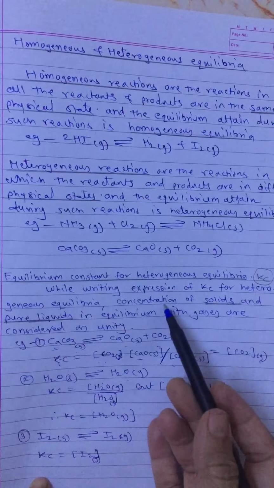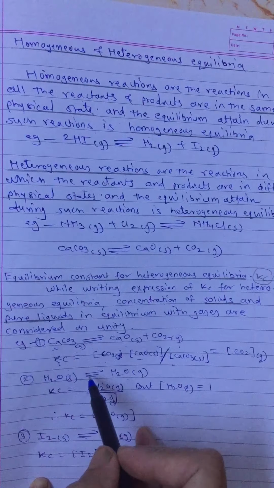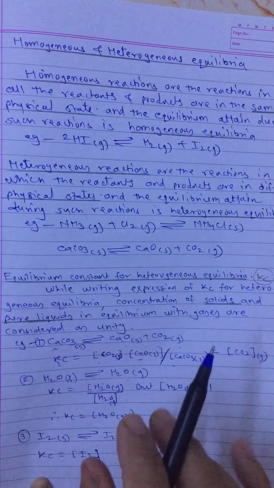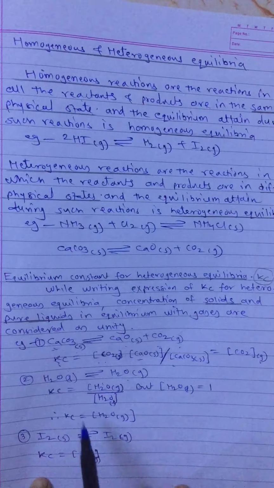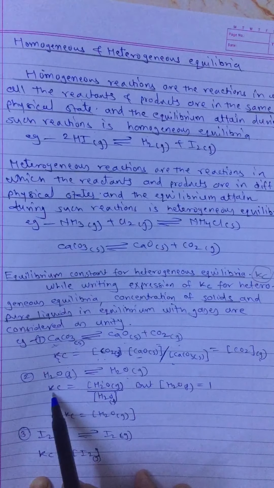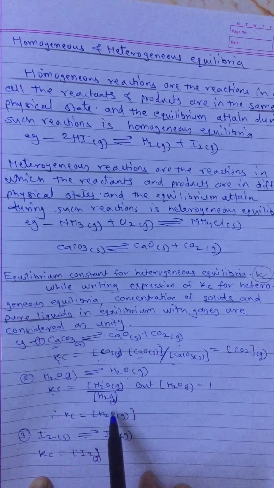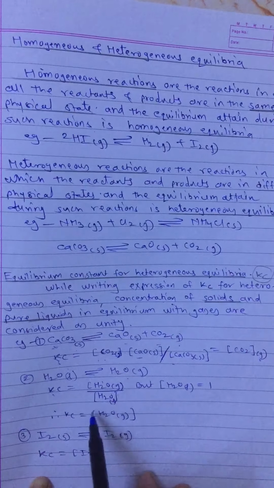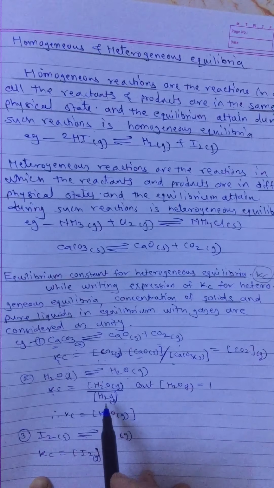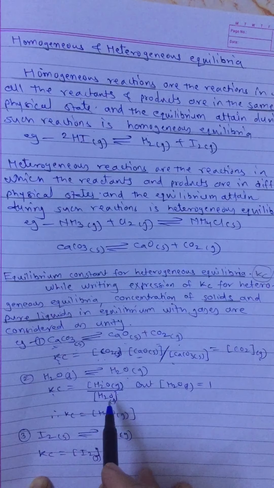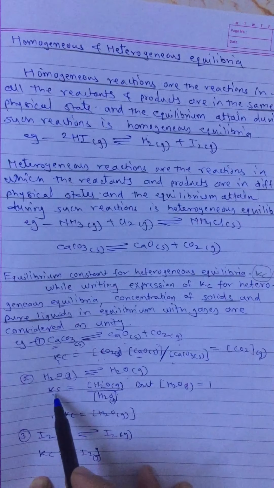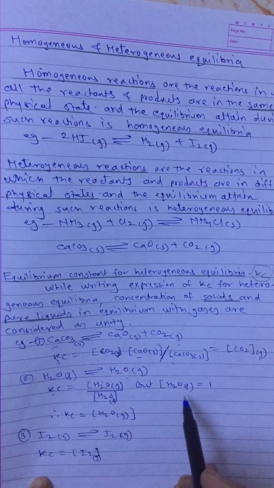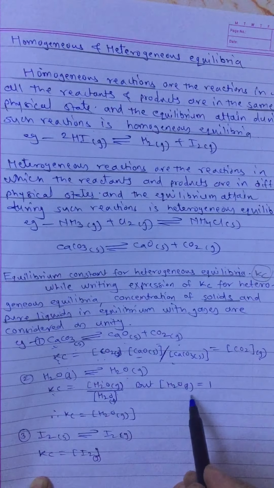So like solids, for liquids also, the liquid term in the Kc expression you are going to omit. So Kc will actually be H2O gas upon H2O liquid. But H2O liquid, as it is unity, it is constant. Therefore the Kc expression will be only H2O gaseous.